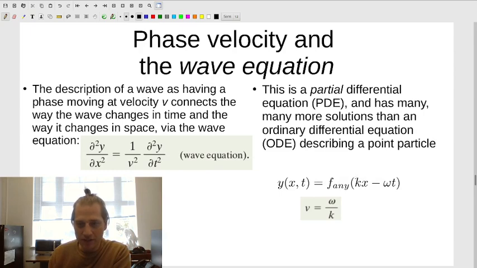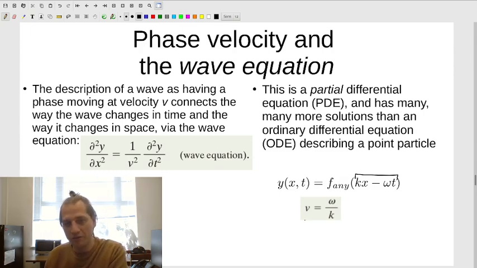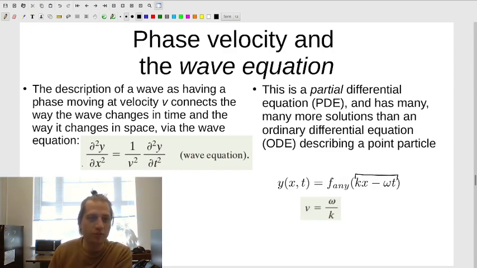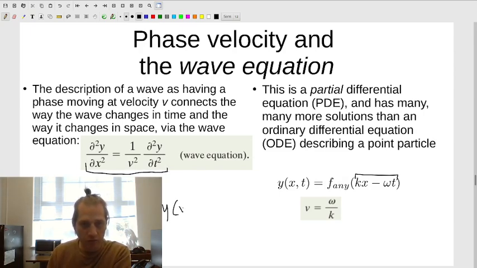So if we basically have any type of linear function with kx minus omega t as its argument, that can function as a wave. Okay, so you can try it. Try sticking this in and using your chain rule, and you will see that this works. Of course, it also works for your y of x and t.